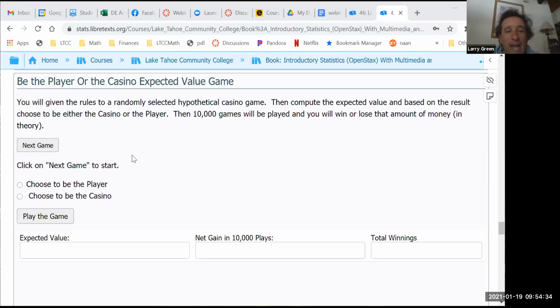By the way, at the casino, are there any games that you can actually win at consistently? Or not consistently, but statistically? Any guesses? Craps. No, you can't win statistically at craps. If you play long enough, you'll lose. Any other guesses? Blackjack? No. And I'll tell you something about blackjack.